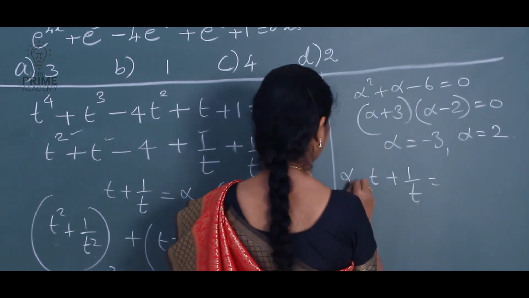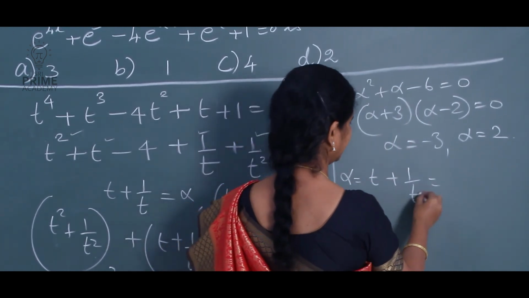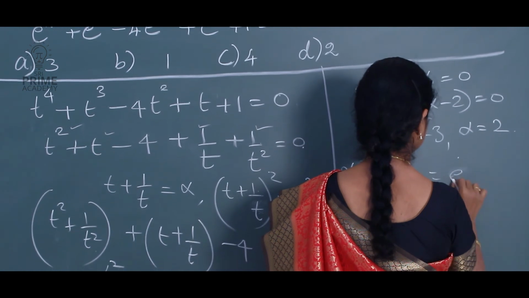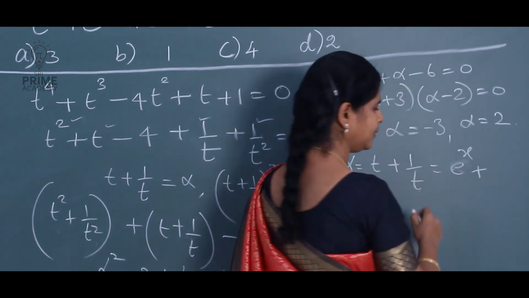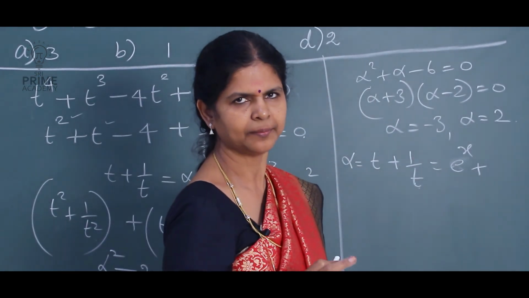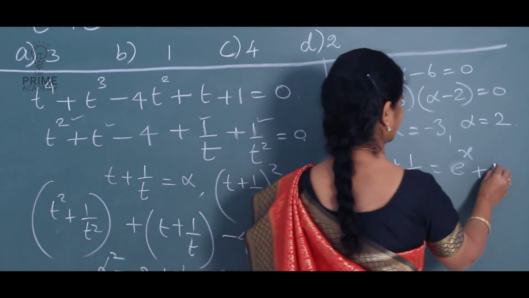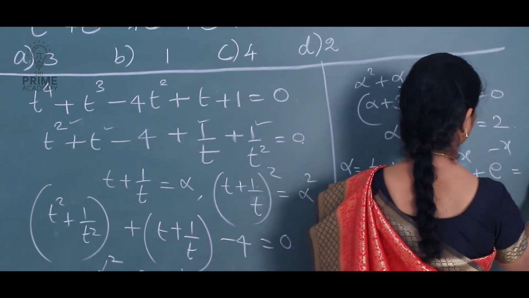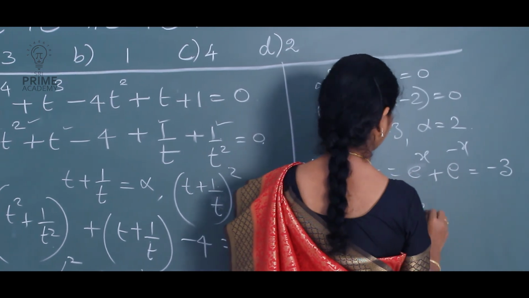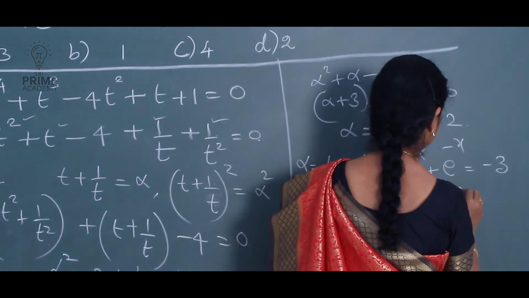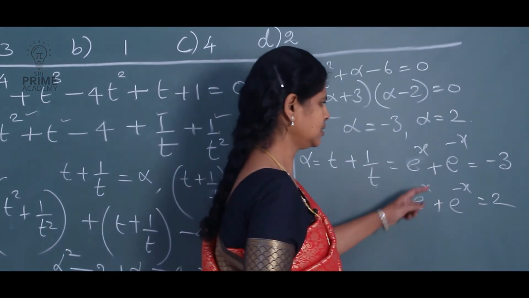So alpha equal to t plus 1 by t, and this is e power x plus 1 by e power x, which is e power minus x, as you already know. So e power x plus e power minus x is equal to minus 3, and e power x plus e power minus x equal to 2 are the two roots.